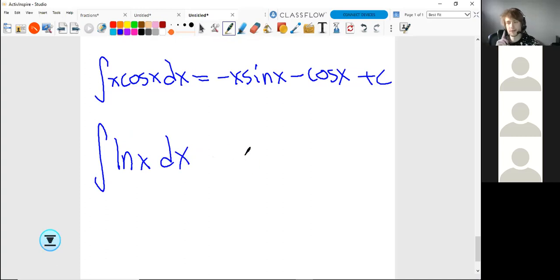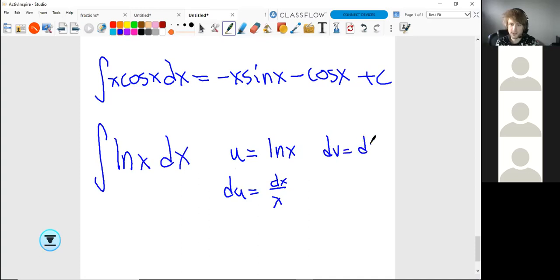So here we're going to be really sneaky. Let's set u equal to natural log of x. So du is equal to 1 over x dx, and dv equal to dx. So that v is equal to x. Is it x ln x minus x?